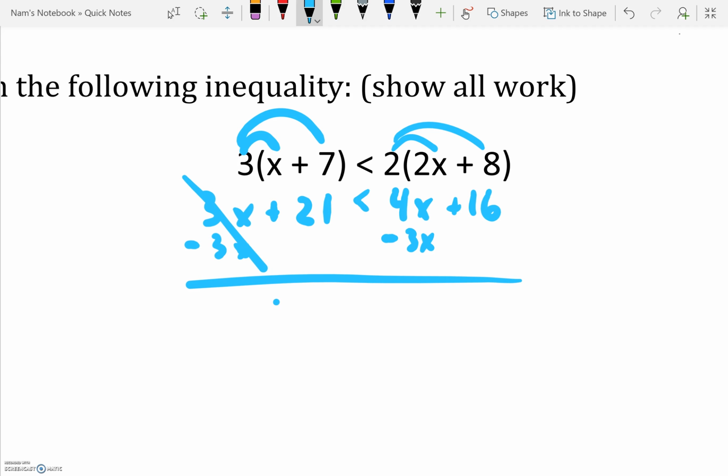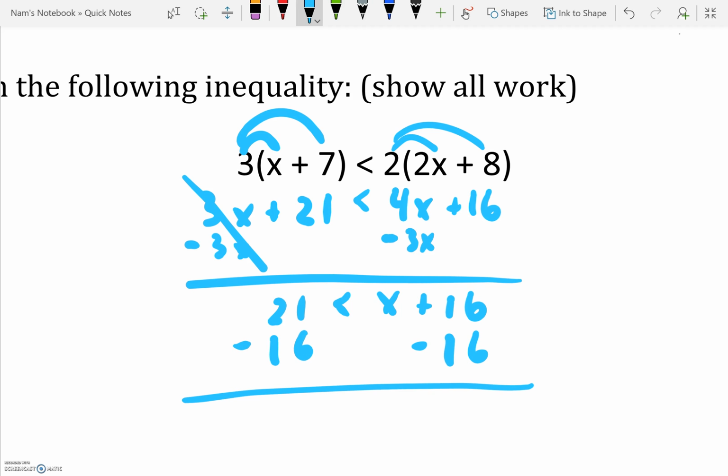That zeroes out. Drop 21, and I get 21 is less than x plus 16, because 4x take away 3x is just x. Since I moved all my x over to one side, now I need to get rid of 16 by doing its additive inverse, which is subtract 16 from both sides.